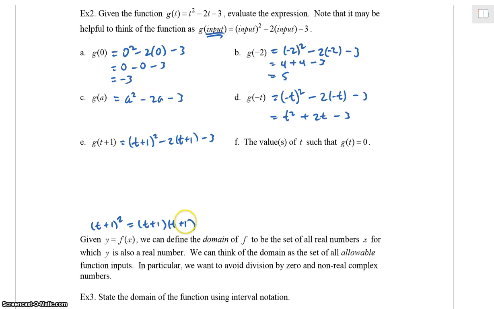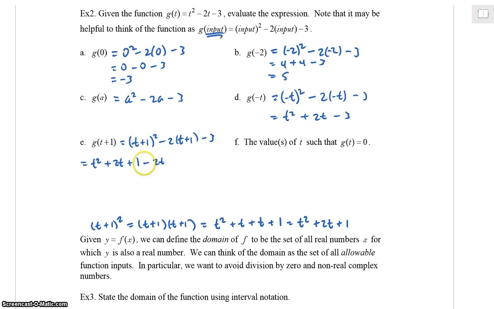So it would be multiplied as t squared plus t plus t plus 1 using FOIL, first, outer, inner, last. That is t squared plus 2t plus 1. So t plus 1 squared is t squared plus 2t plus 1. It's not t squared plus 1. There's a middle term, 2t as well. Be careful with that.